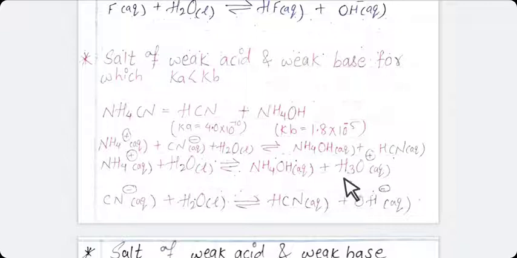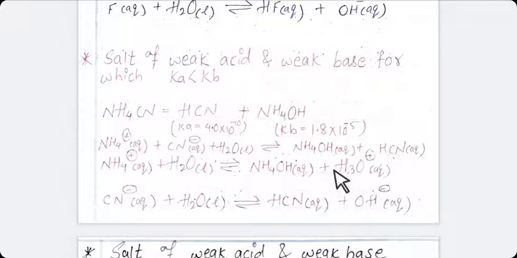Same here, the second ion CN-, cyanide. Students, always remember these two ions which react with water are from NH4OH and HCN. Cyanide when reacting with water gives HCN plus OH- ion.